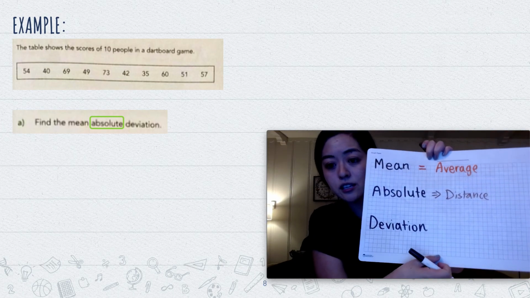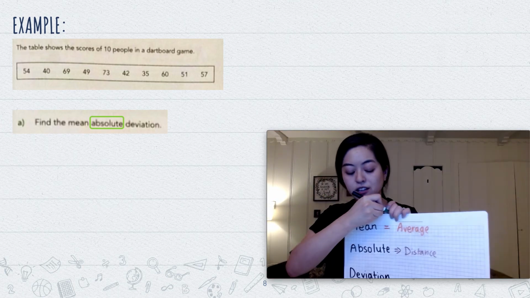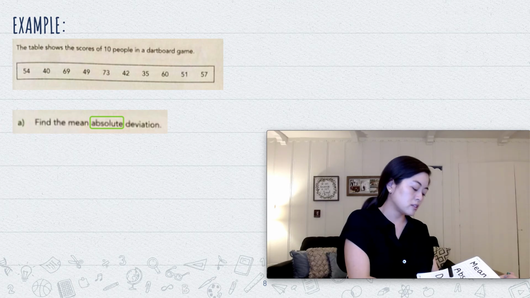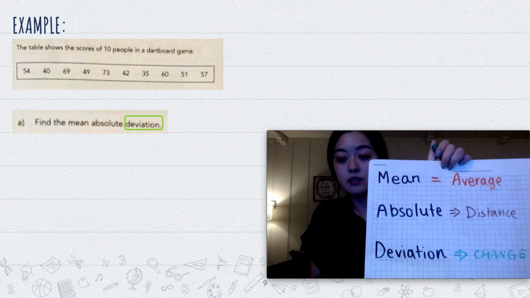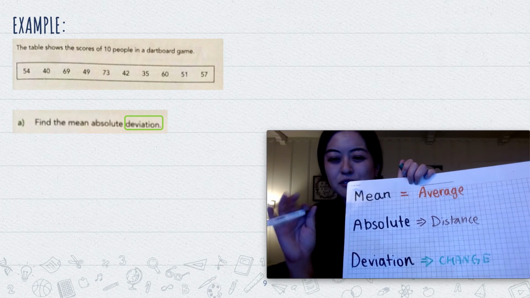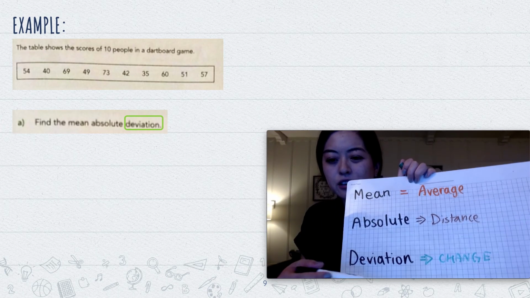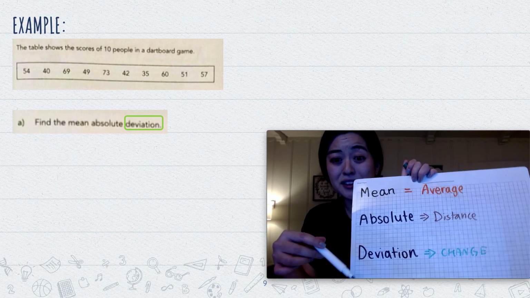Now deviation: another word for deviation is change. So mean is average, absolute relates to distance, and deviation means change. So average, distance, change.